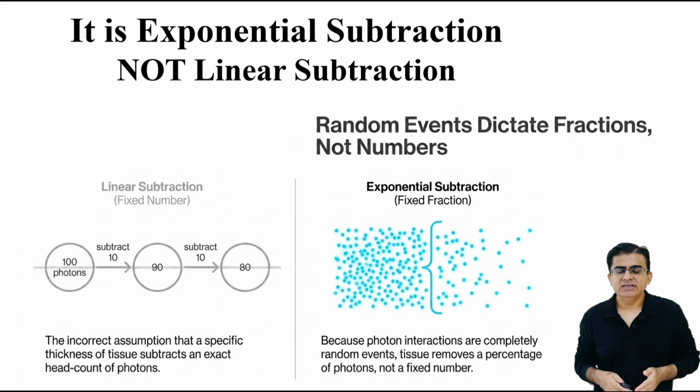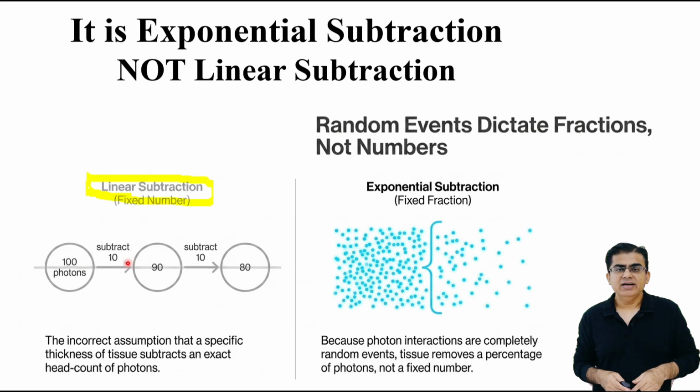This represents linear subtraction. Imagine our primary beam starts with exactly 100 photons. Let us assume that when an X-ray beam passes through this tissue, the first centimeter of tissue subtracts exactly 10 photons.